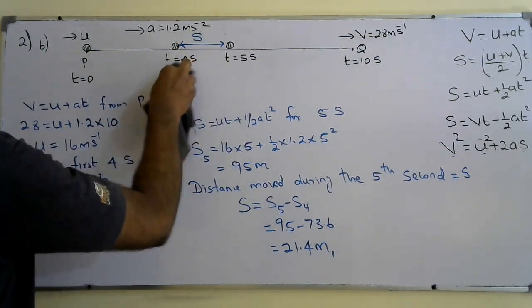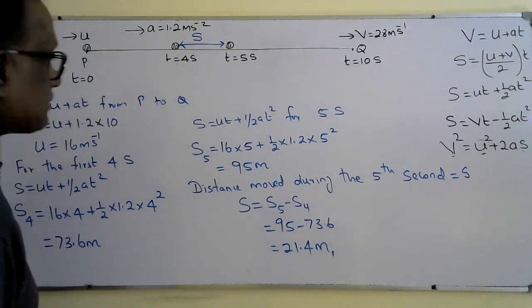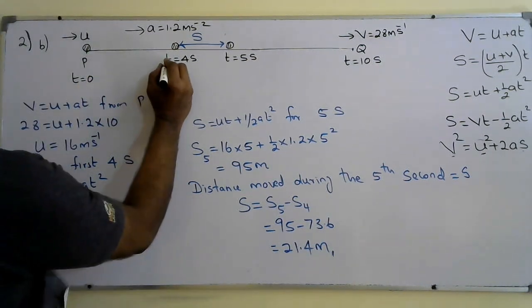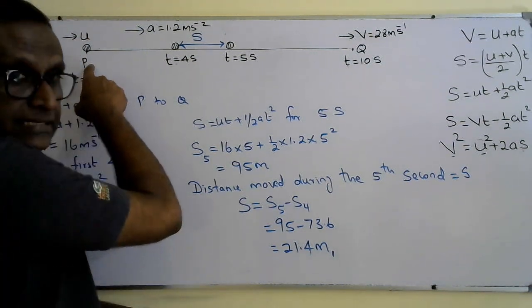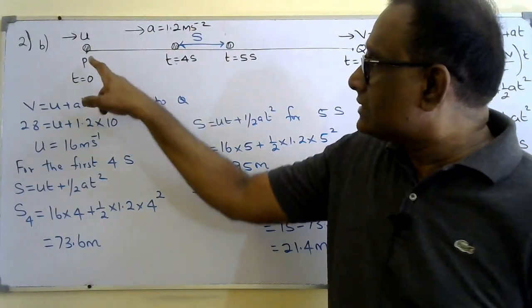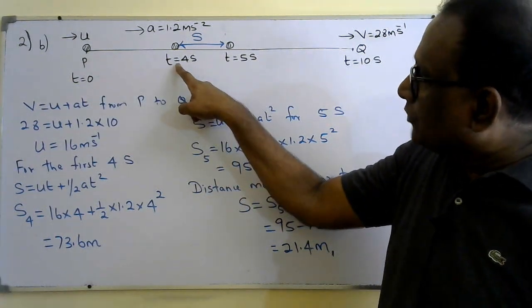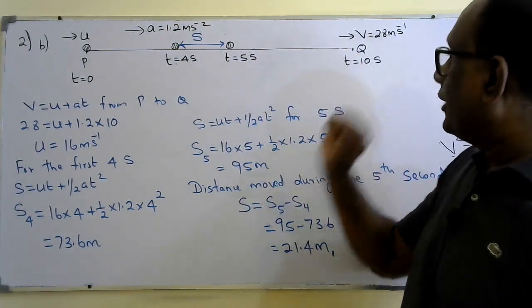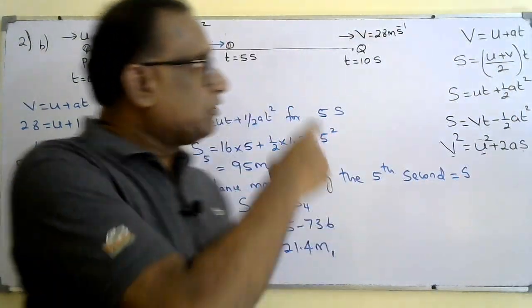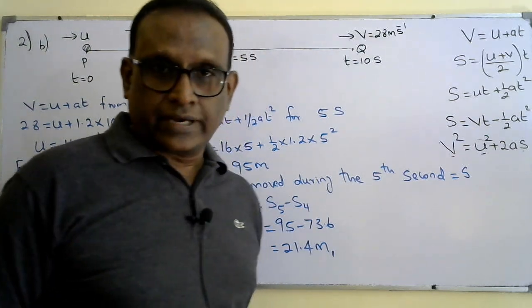There we are going to find the displacement during the last 6 seconds. From after passing P until this point it spent 4 seconds. Then it spends 6 seconds to reach the point Q. So we are going to use the equation S equals vt minus half at squared.